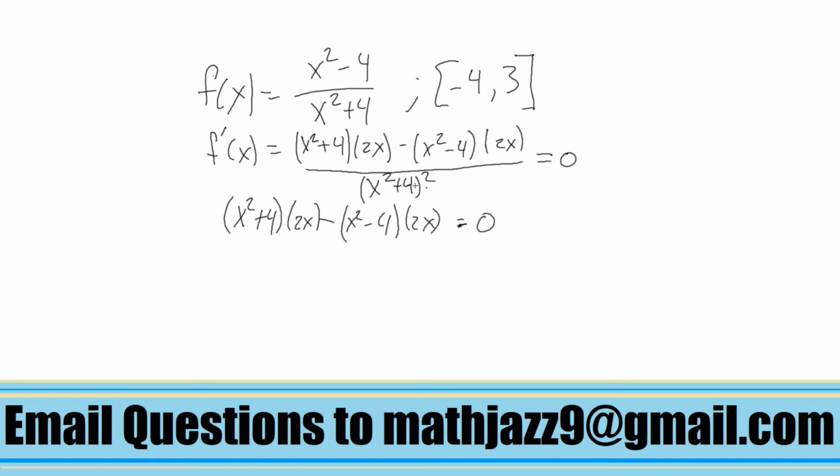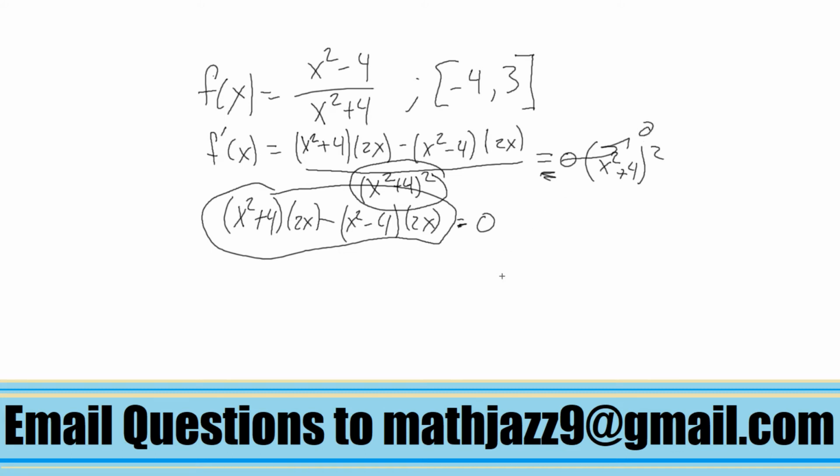And like I said, this is just what we'd get if we multiply by this on each side of this equals sign. We'd get the denominator to cancel on the left, leaving us with this, and we get 0 times x squared plus 4 squared, which equals 0 on this side.